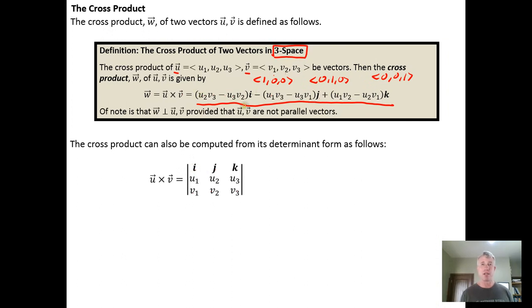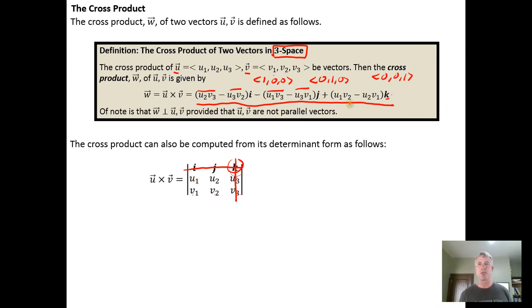It would be i times, and we would cross the row and column corresponding to i, and then take the determinant of this little minor matrix right here, u2 v3, there's the u2 v3, minus the other diagonal u3 v2, there it is, and then we would do minus j times the determinant we get when we cross row 1 column 2, so we'd get u1 v3 right here minus u3 v1, and then plus k, and then we would cross the row and column corresponding to the element k and calculate the determinant of the minor matrix that goes with it.